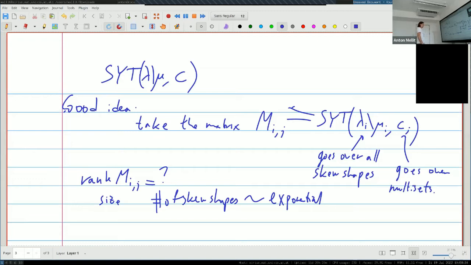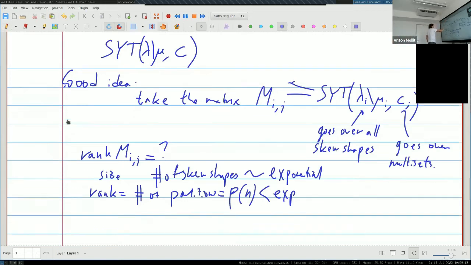But it turns out that the rank is the number of partitions. So you can just plug this program into a computer, and then you can guess that the rank is always the number of partitions, the partition function of n, which is much smaller. And so you should try to explain this phenomenon.